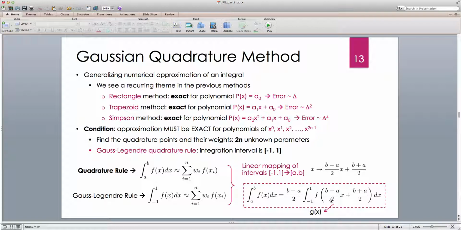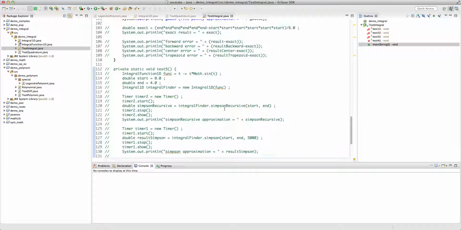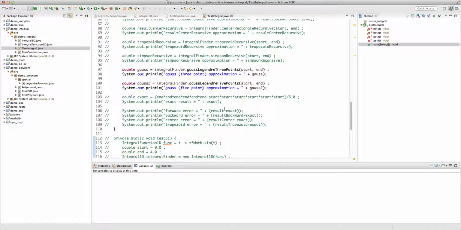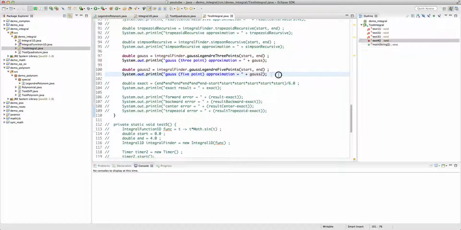The error scales up, and there are several ways to compensate for that. One is that as we increase the number of quadrature points, the number of terms, the error goes down. So we can in fact increase the number of quadrature points.